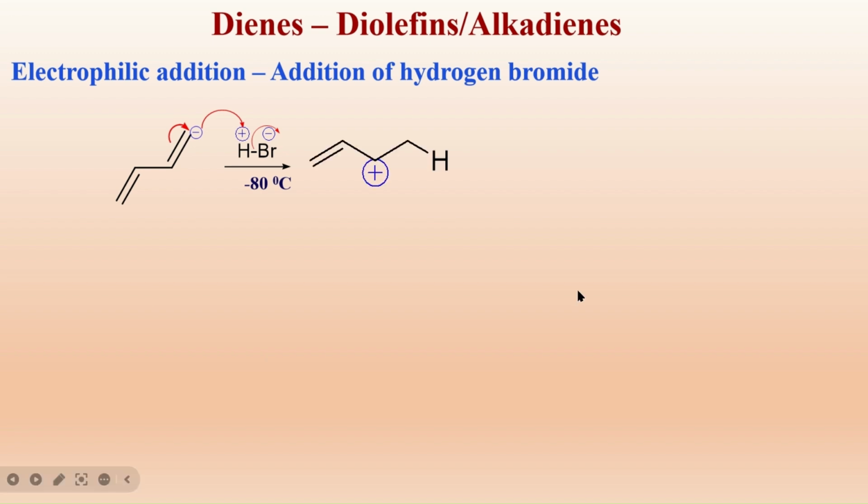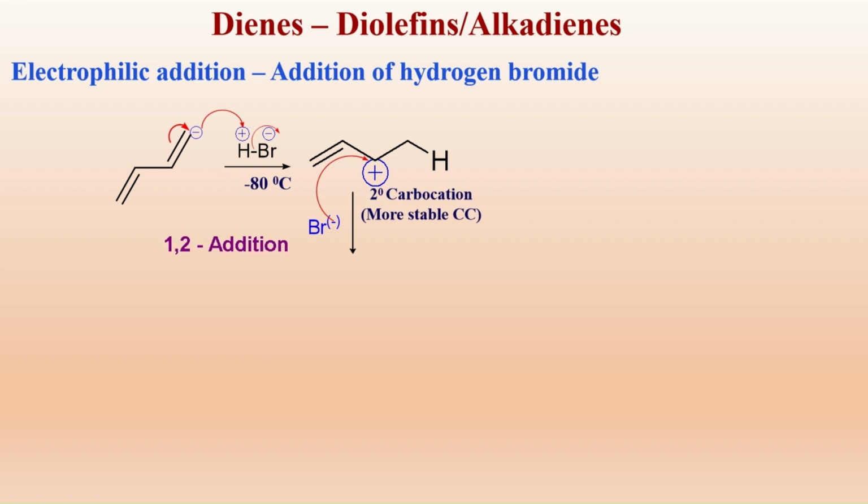When this is formed, we get a secondary carbocation, and this is found in preference because secondary carbocations are more stable. Then onto this positive center, bromide ion attacks and I get the 1,2 addition product to give rise to 3-bromo-1-butene. The yield of this is 80%.